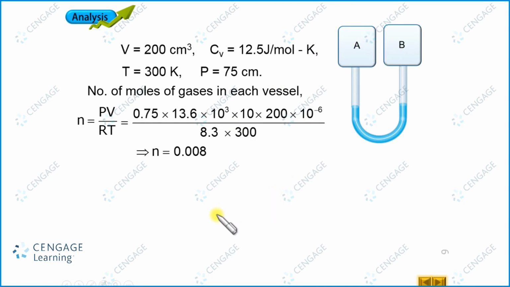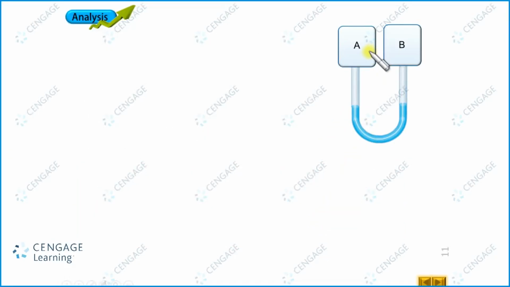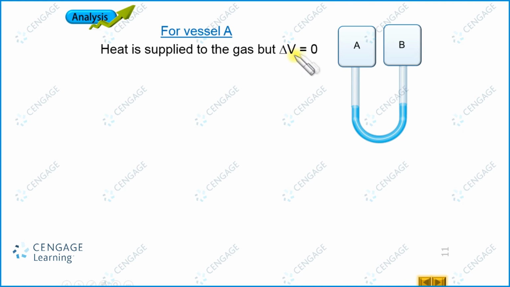Now let us move to the second part of the question. 5 joule of heat is supplied to the gas in this vessel, and here 10 joule, and there is no appreciable transfer of heat from A to B. Let us analyze the situation. First, consider vessel A. This is a rigid vessel, so the volume is not going to change, that is delta V equal to 0.